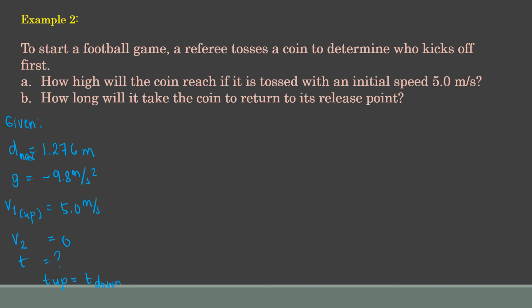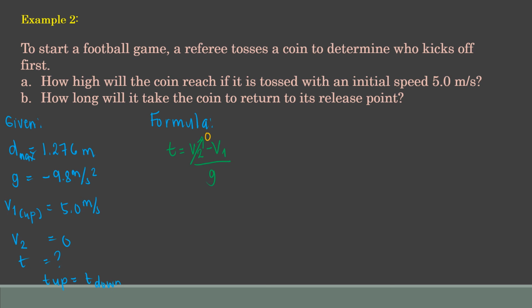Now, let's use the first equation. Time is equal to v sub 2 minus v sub 1 all over g. Our v sub 2 is 0, so let's write it as 0.